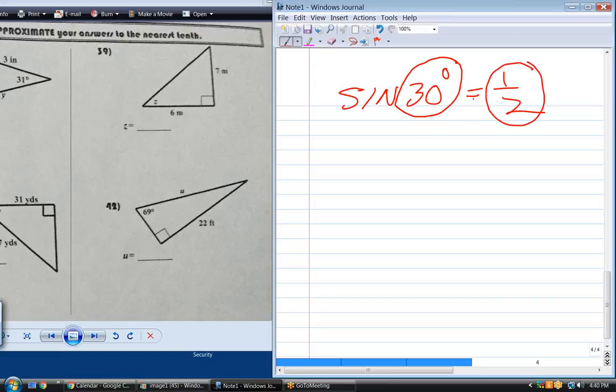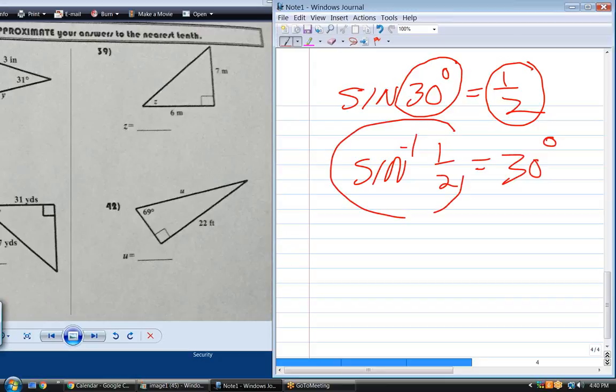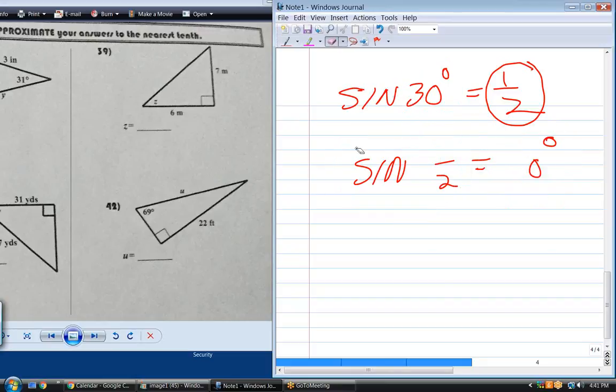By definition, if this is true, then the inverse sine of 1/2 equals 30 degrees. We take inverse trig functions of ratios to come up with the angles. So when you're solving for angles, you're almost always using inverse trig functions. When you're solving for sides, you're usually using trig functions. But that's basically what it means.